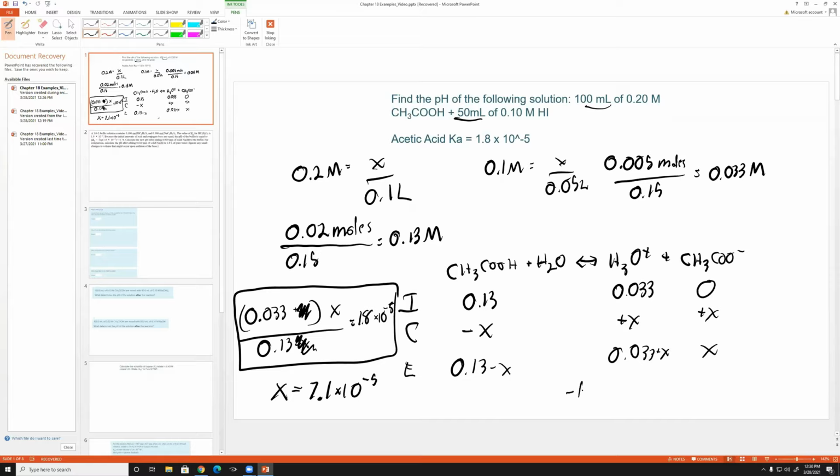So we're going to do the negative log of 0.033 plus 7.1 times 10 to the negative fifth. As you can tell, most of the concentration of H3O plus will come from the strong acid, so the dissociation of the weak acid on top of that is not really going to contribute much to the pH. And our answer is 3.41 for the pH.